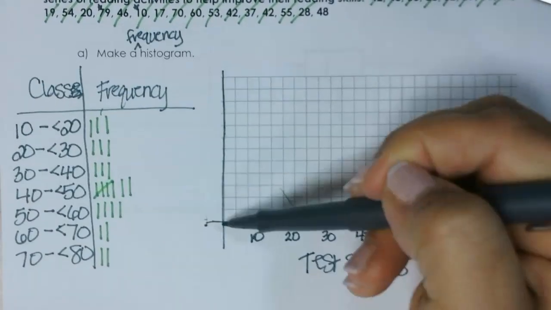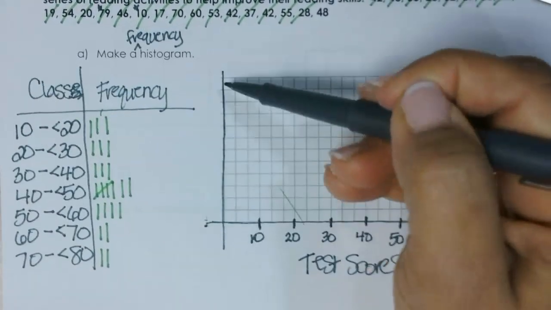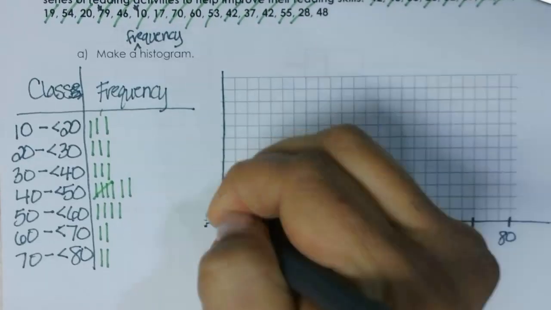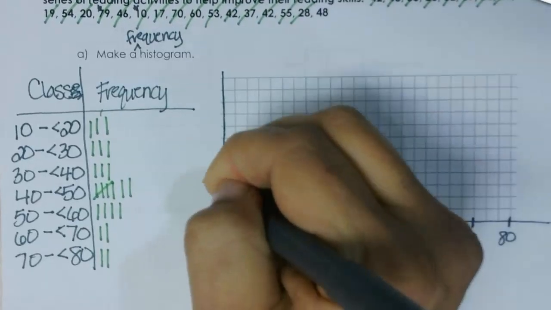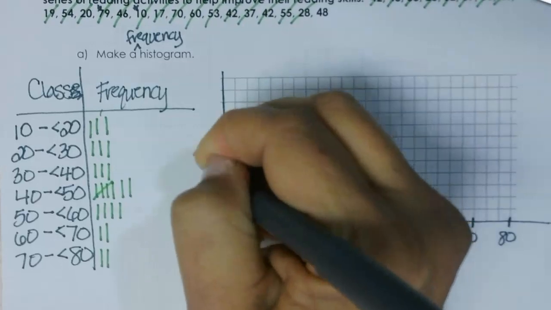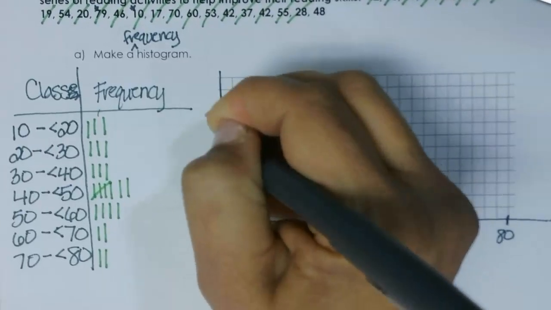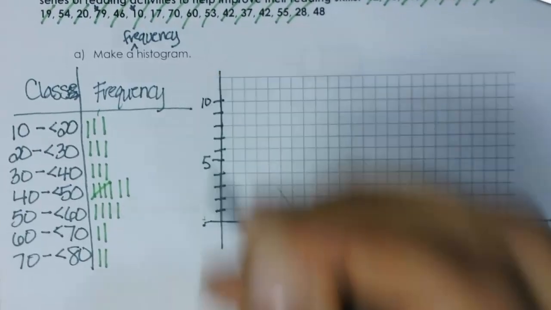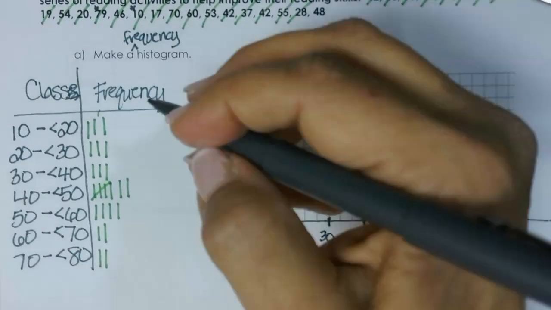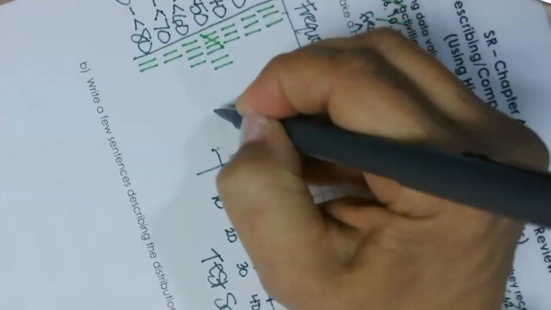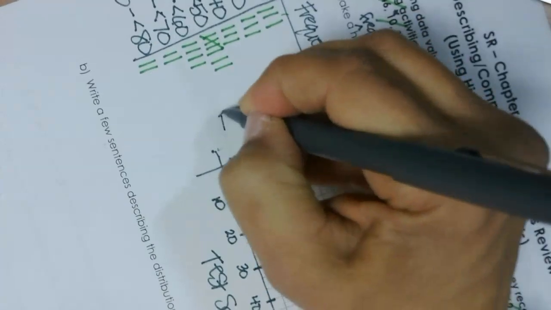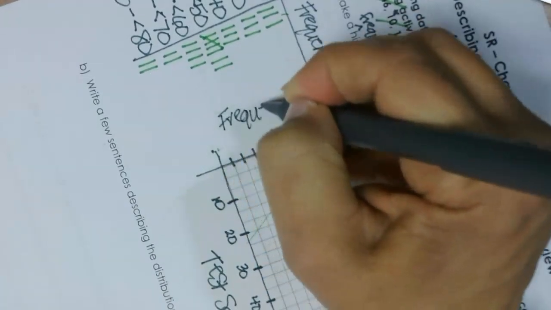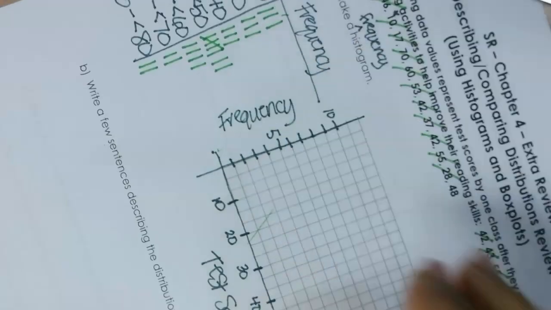And so I can go by ones and fit up to 7 pretty well. So here's 1, 2, 3, 4, 5, 6, 7, 8, 9, 10. And this is going to represent the frequency. So the frequency is saying, how often did those happen?